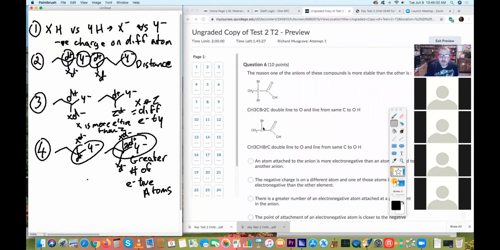Okay, look at these two in question 6. Just looking at scenarios 1, 2, 3, and 4, which do you think is the relevant one? Anybody have any idea?